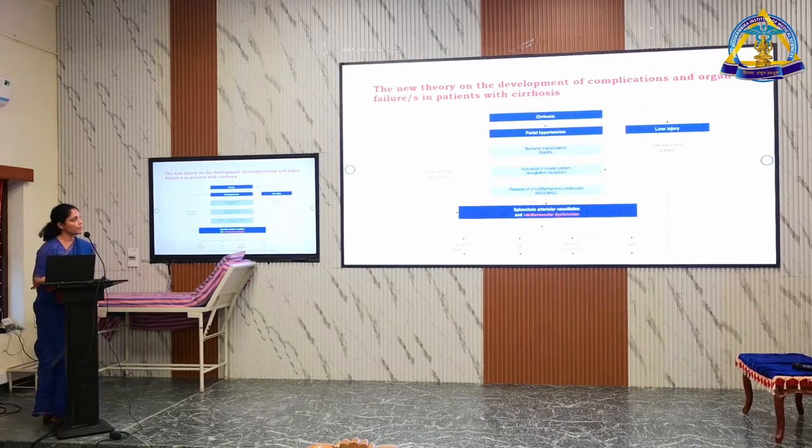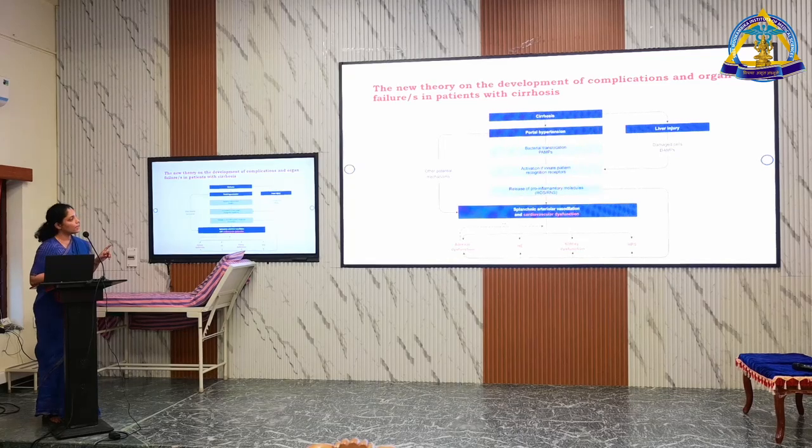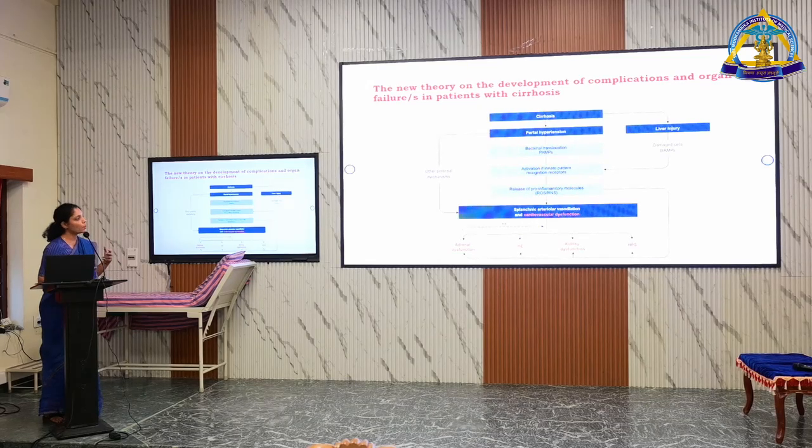Those are the byproducts of the bacteria, and there is activation of the pattern recognition receptors and release of pro-inflammatory molecules. So basically, it's a chronic inflammation that is going on, and due to the portal hypertension, there is more and more splanchnic arterial vasodilation and cardiovascular dysfunction, and this will ultimately lead to kidney dysfunction, hepatopulmonary syndrome, hepatic encephalopathy and adrenal dysfunction.